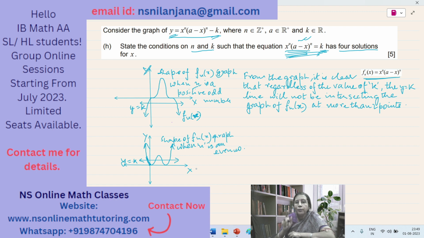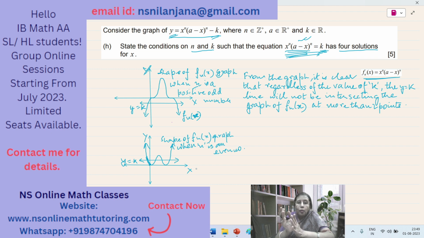So there are 4 solutions for that equation. So when n is a positive odd number, you cannot have 4 solutions. You can have 4 solutions only when n is an even number.